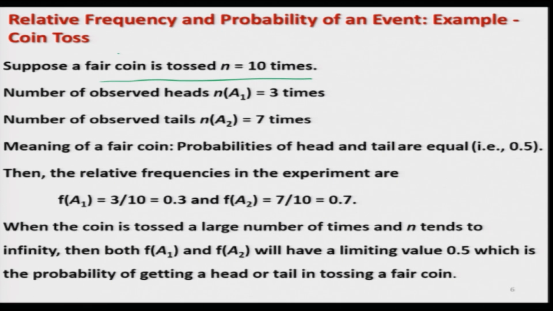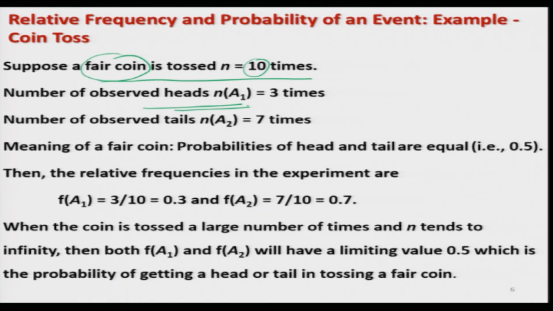A fair coin means that the coin is really fair, in the sense that there is no impurity in the structure of the coin such that a particular side, head or tail, comes more frequently.